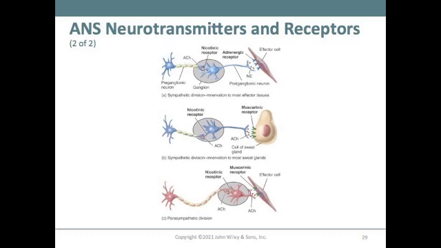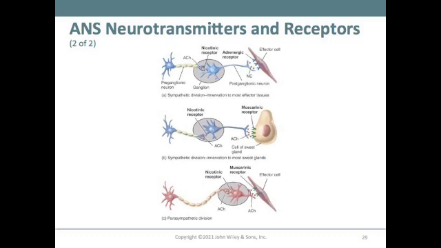558, figure 15.7. We were kind of already talking about this before, but now we're focusing specifically on the neurotransmitter. Remember, several slides ago, I pointed out how the different kinds of neuroreceptors were affecting the different types of the system, whether it's sympathetic or parasympathetic.